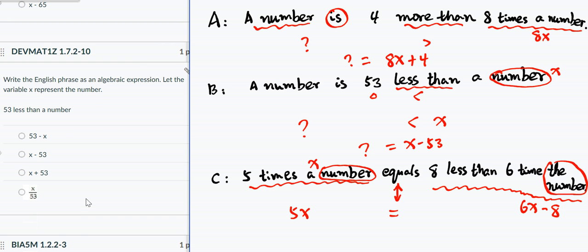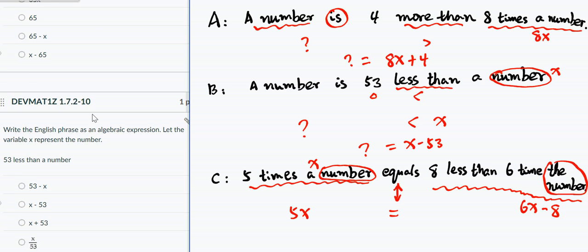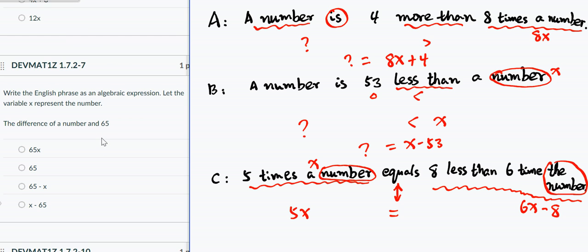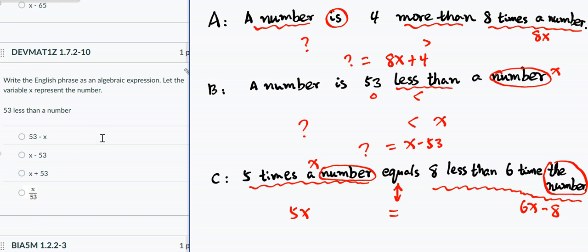Now, look at this one. 53 less than a number. Here, previously, we have 4 more than 8 times a number. And now here is 53 less than a number.